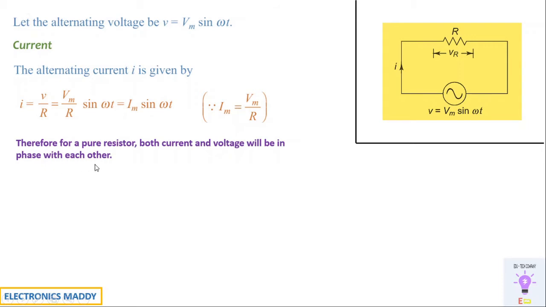Once this point is cleared, I guess 90% of the understanding of the resistor will be cleared. From here on, we'll be looking at the waveforms associated with it. If you carefully observe, both should start at the same point, end at the same point, and go in the negative direction at the same point, because the phase difference is 0.